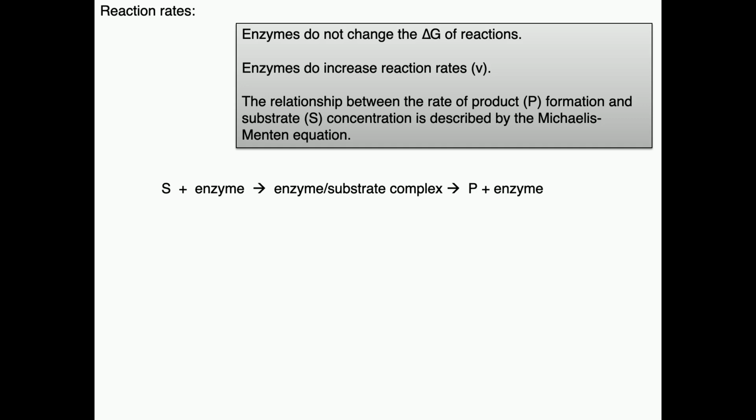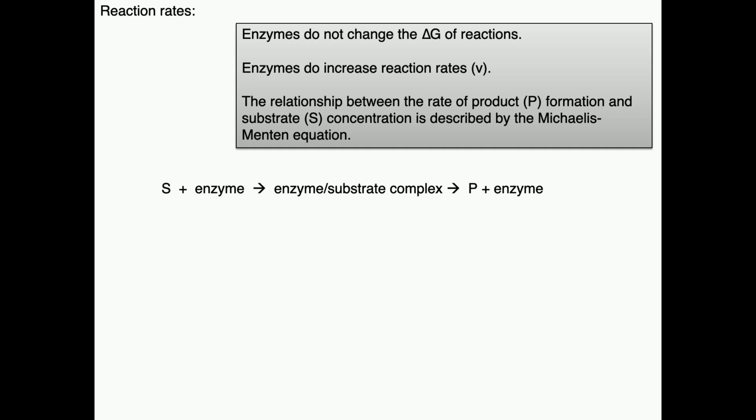Okay, so let's look at, and this is not anything to do with the energetics of the reaction. Okay, let's presume that it's a negative delta G and that it's going forward.